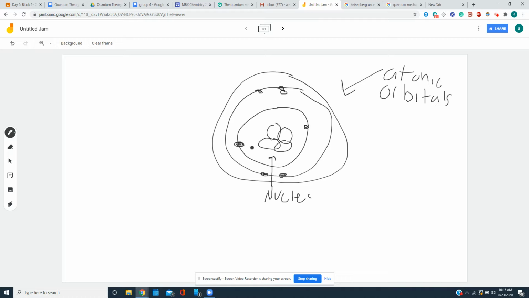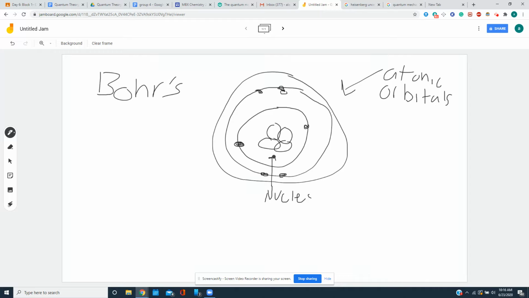So Bohr's atomic model was very widely accepted until they found a contingency and a fault in this model, and that was for things with more than one electron.